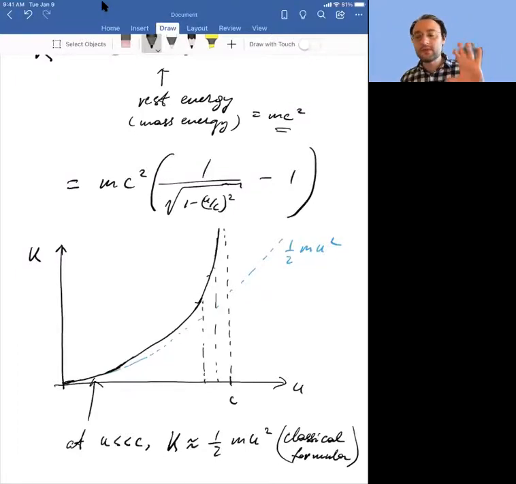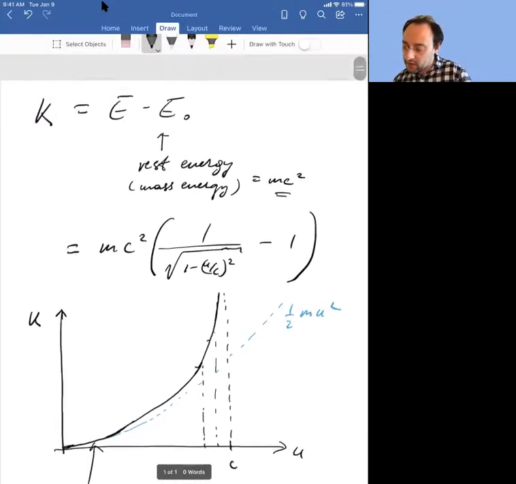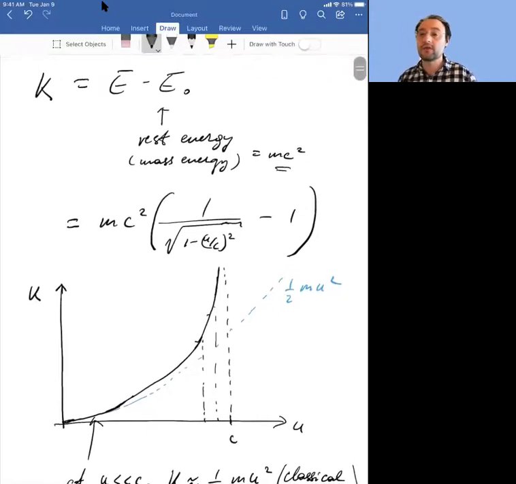We can also explore this theme from the force point of view. This is the energy point of view, kinetic energy point of view. We can also try to look at a different angle, from the point of view of forces. That's done in the third bit.